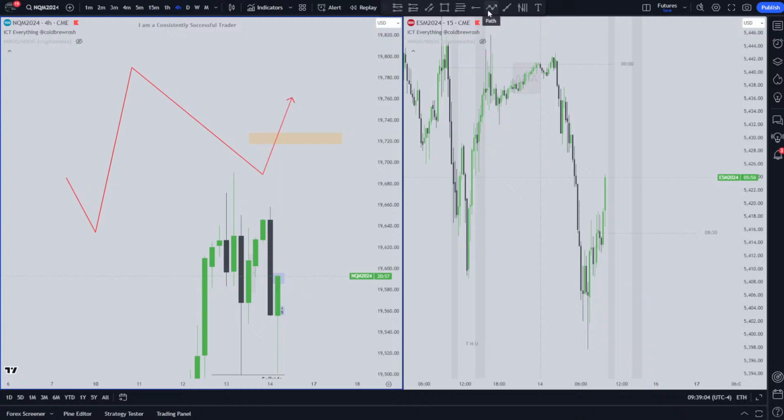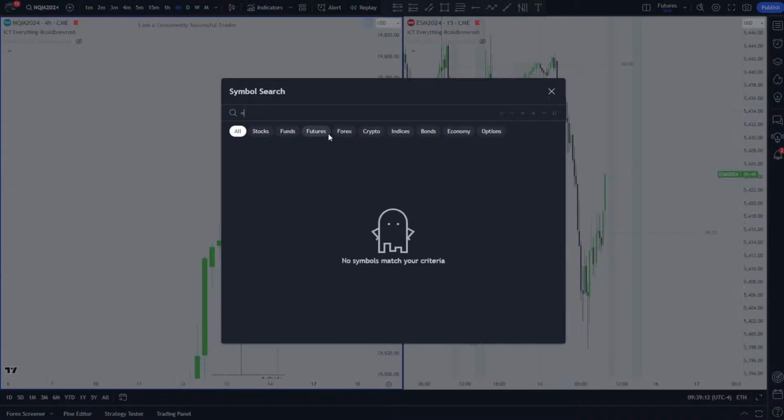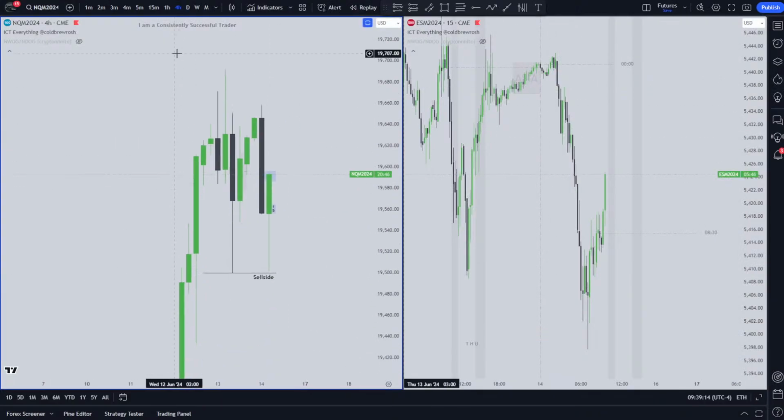But because you don't know about immediate rebalances and BPRs, you're confused as to why it's only gone here and then gone up. And so you actually don't know market structure really, and how market maker models work.